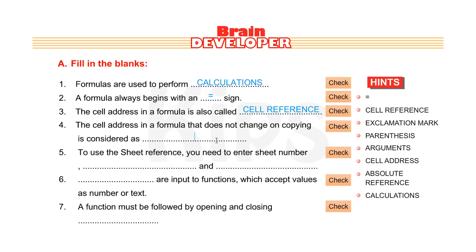The cell address in a formula that does not change on copying is considered as dash. The formula which does not change on copying. Three types of references were there, which will come in it?